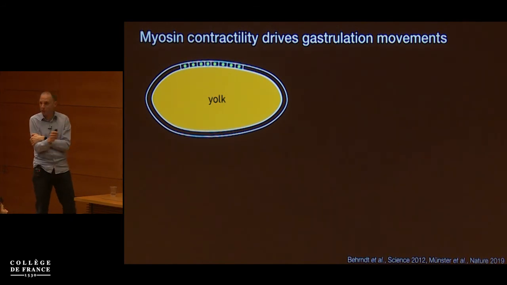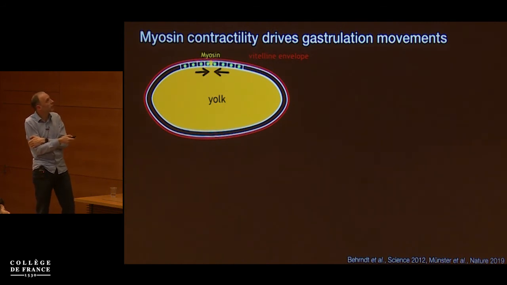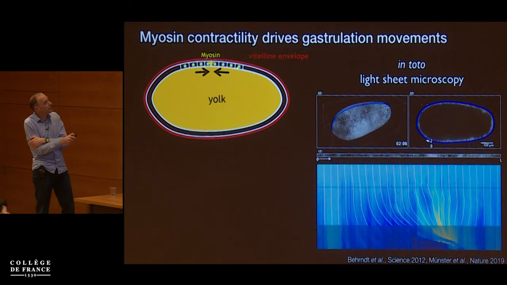Each one of these cells is closed, but these cells sit around a basically incompressible yolk sac. Okay, and they're protected on the outside with a vitelline membrane, with a vitelline embryo that's basically attached to a rather rigid shell that surrounds the whole system. Okay, and that'll become important in a minute. So myosin activity in a couple of these cells drive these flows.